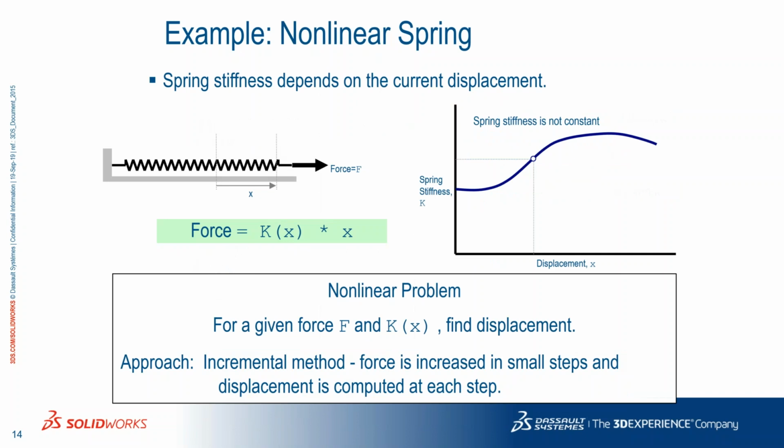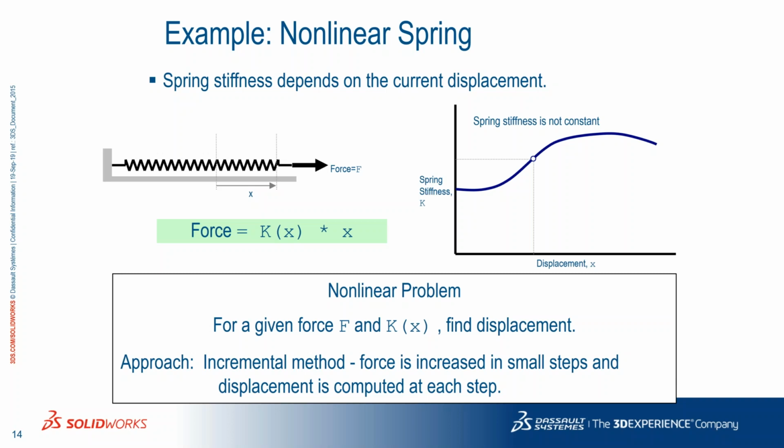In a nonlinear spring, you no longer have K as a constant, but you have a curve instead. So you need to understand this curve related to the material, because otherwise you will not be able to predict and analyze the material.